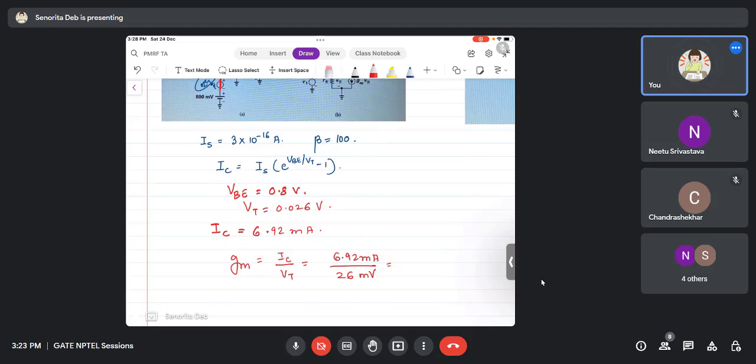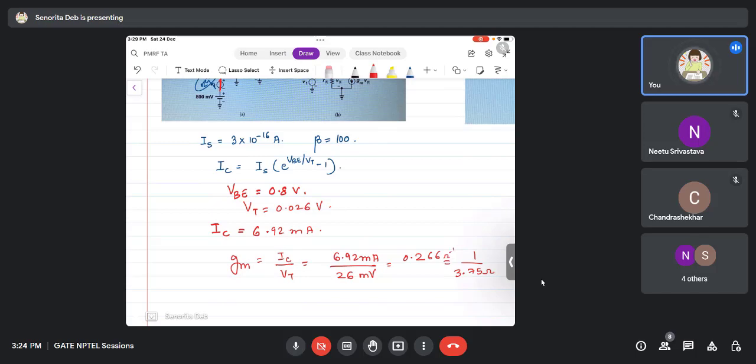This will give you 1 upon 0.266 ohm inverse, or 1 upon 3.75 ohms.